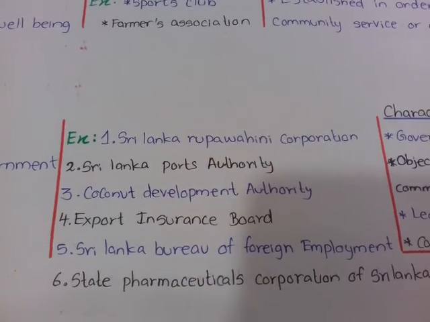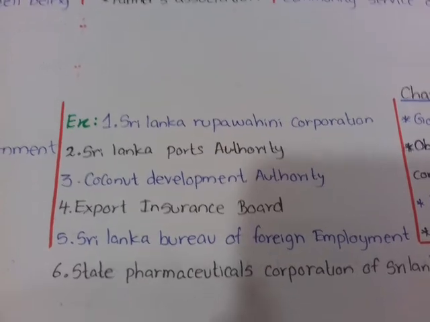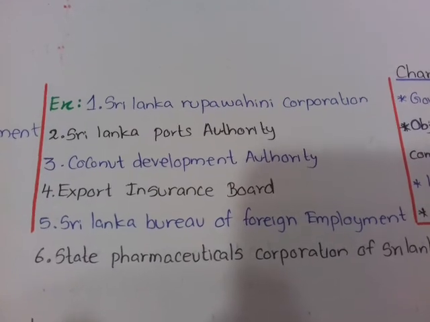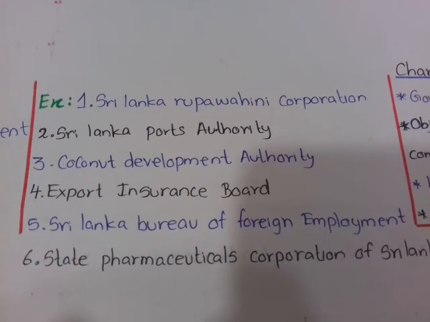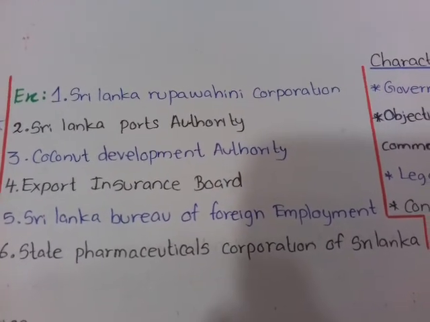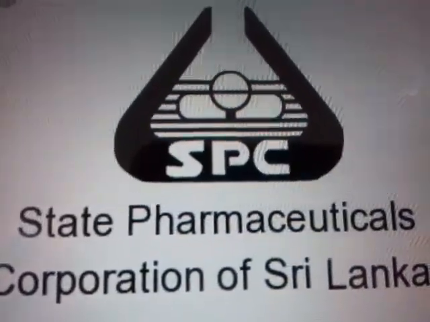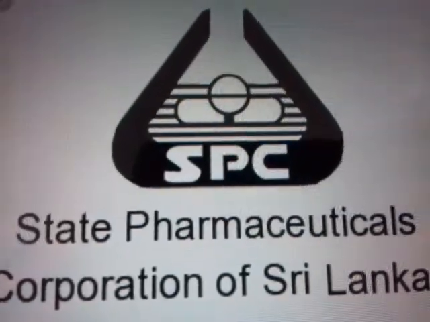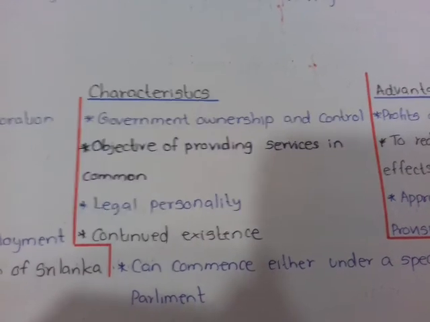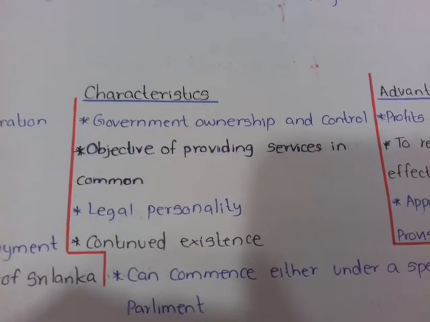So, examples for state corporations are Sri Lanka Rupavahini Corporation, Sri Lanka Ports Authority, Coconut Development Authority, Export Insurance Board, Sri Lanka Bureau of Foreign Employment, and State Pharmaceuticals Corporation of Sri Lanka, which is also known as the SPC. And what are the characteristics of these state corporations? The government ownership and control.